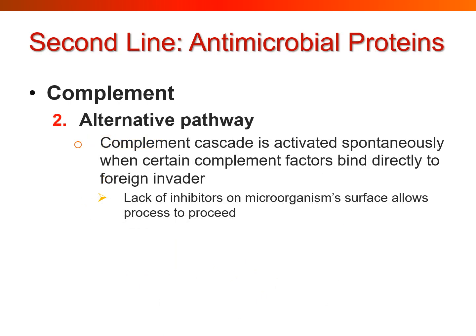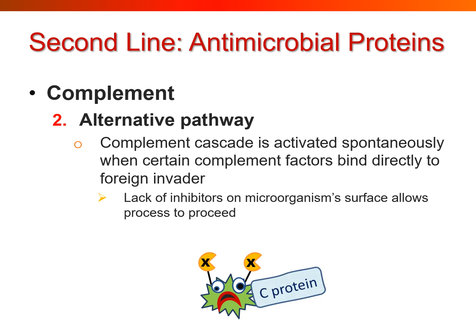Now you'll notice on my slide that I've gone back to second line defense. The reason is that we're not going to have the involvement of antibodies in this second pathway, the alternative pathway. In this scenario, we have our little pathogen, and instead of having an antibody, which is a third line defense player, come in and attach to our pathogen first, we're just going to directly apply that complement protein right to the pathogen.